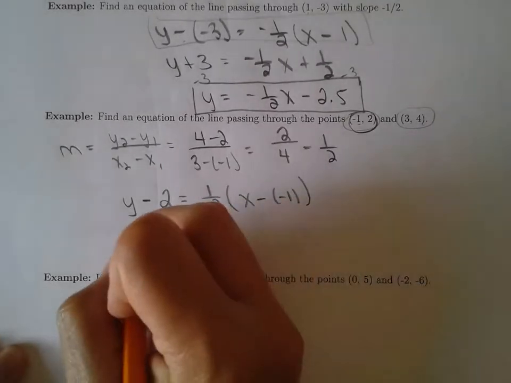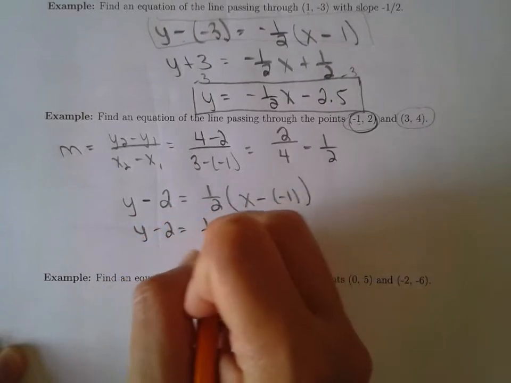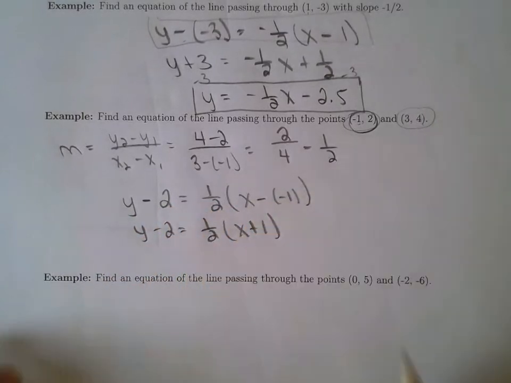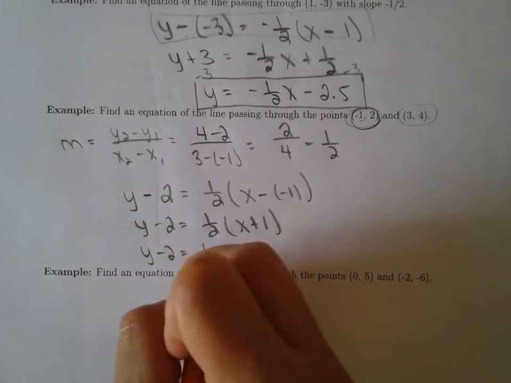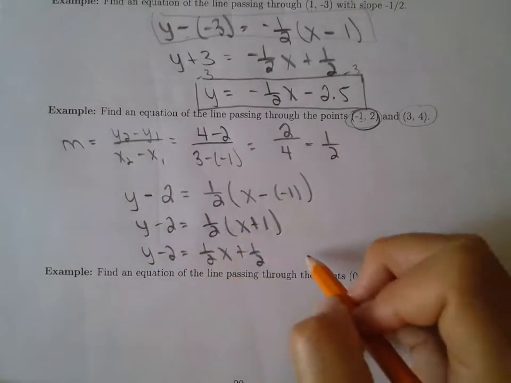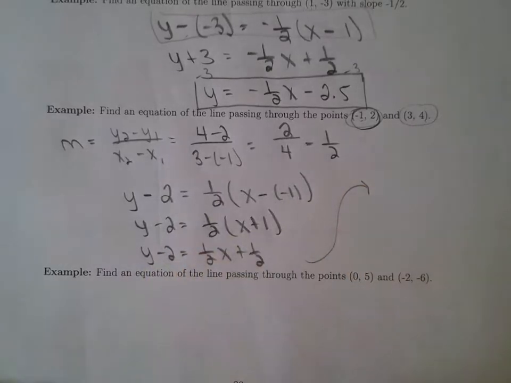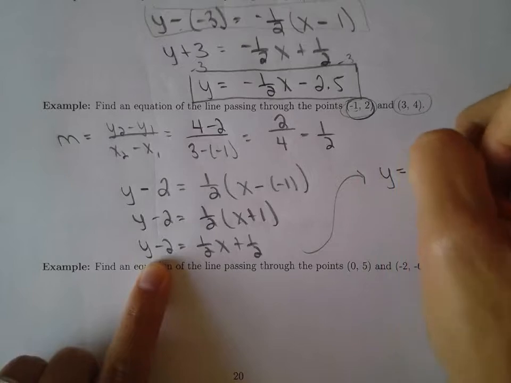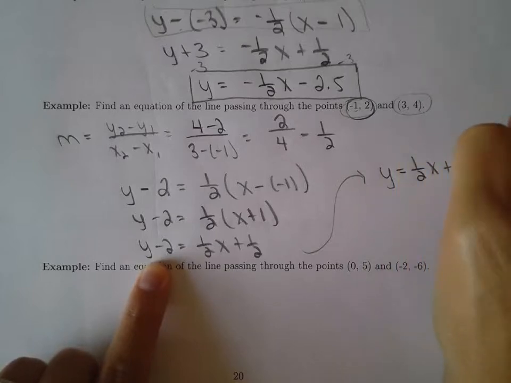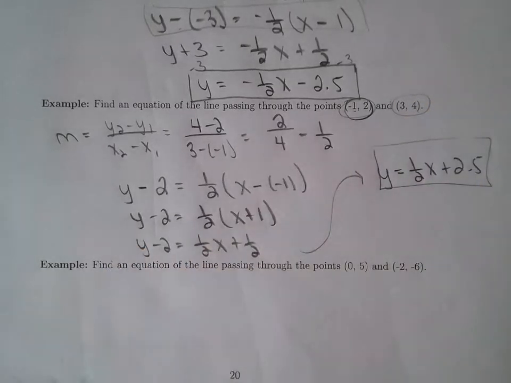Again, I'm going to simplify because it looks messy. So this is 1/2 times x plus 1. Distribute the 1/2: y minus 2 equals 1/2 x plus 1/2. We're adding 2 now to solve for y. y equals 1/2 x plus 2.5. So that's very close to the one we just had.